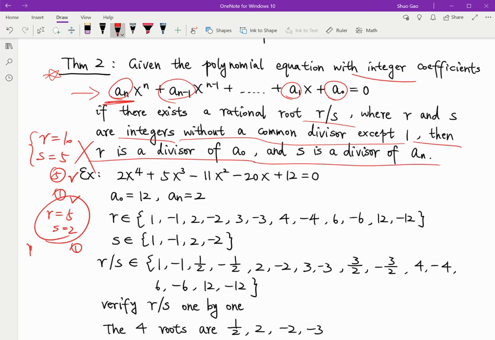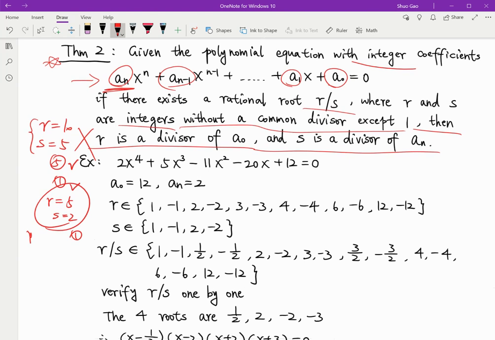So let's look at an example here. So this is a complicated equation, right? So this is a 4th degree polynomial equation. So it means that we have 4 roots, right? So if there is some rational root, then we want to find them out.